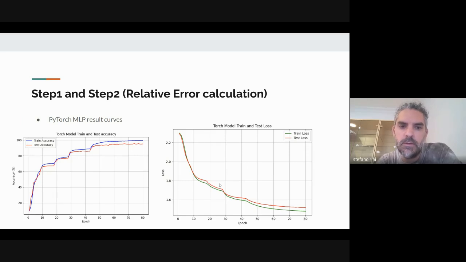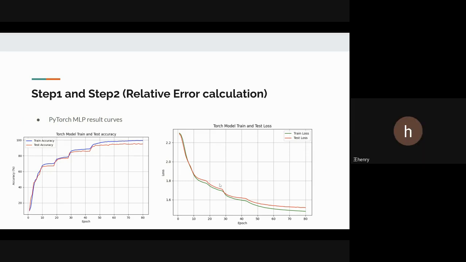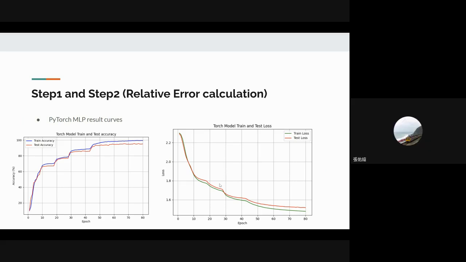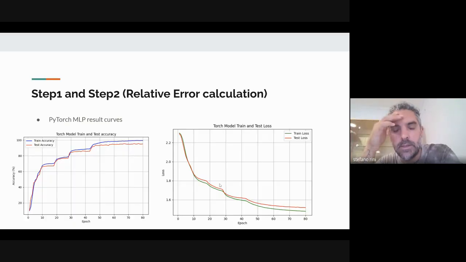Yes, some learning rate scheduling. But the point was to check that the output of PyTorch was the same as the output of the NumPy model, right? So did you do the comparison? My point is that in the NumPy model you didn't have the learning rate scheduling, right? And you only had 8 epochs. Okay, we'll see. Go ahead, guys.